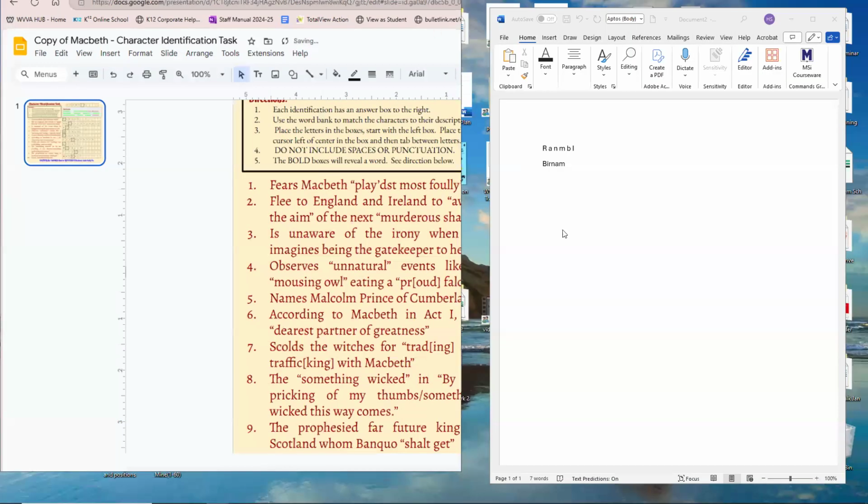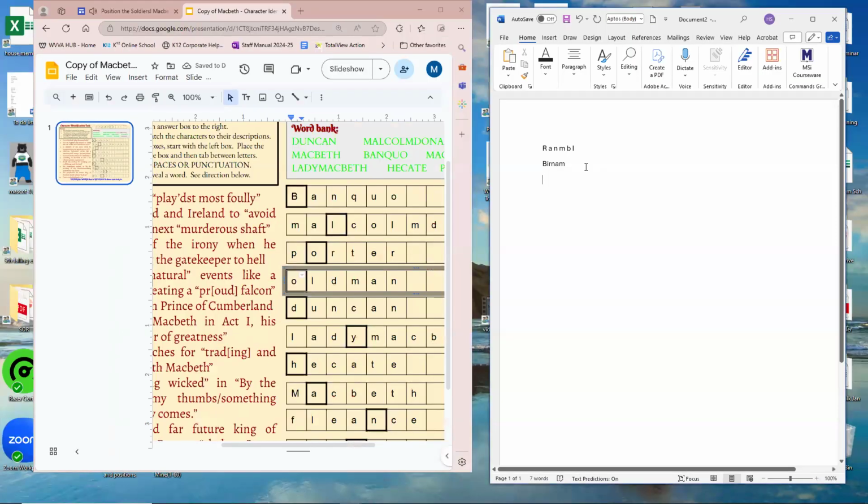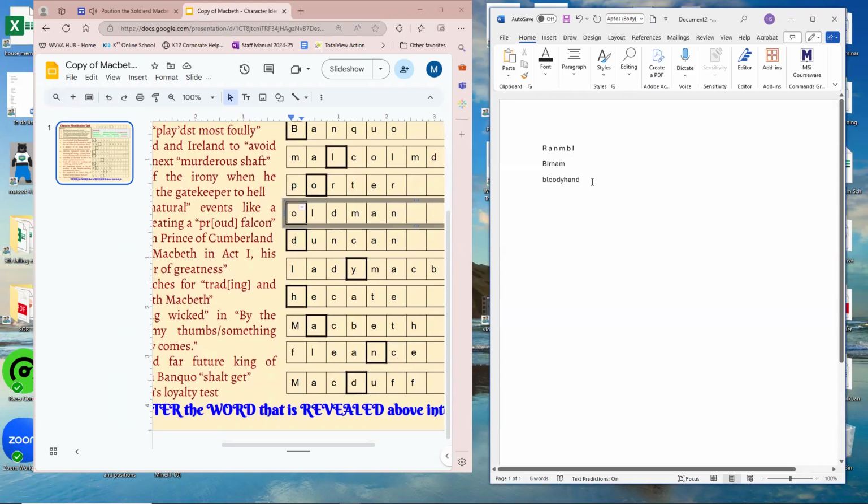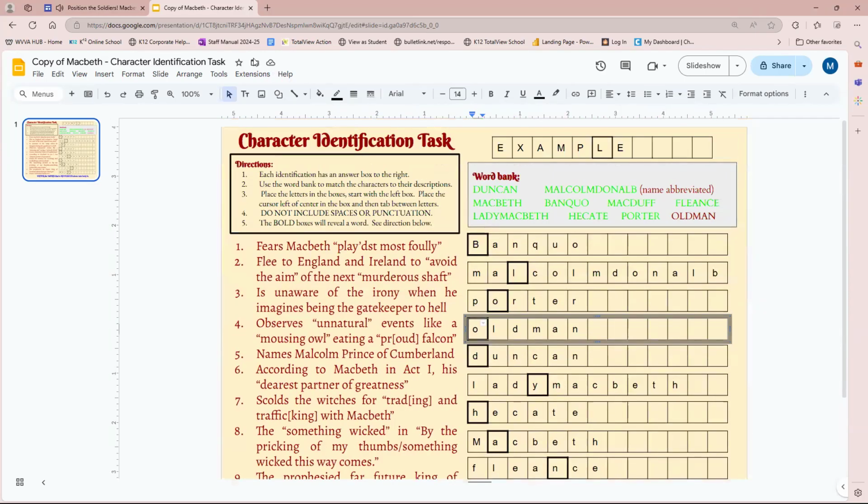Now let's see what it spells. Bloody hand. Right?